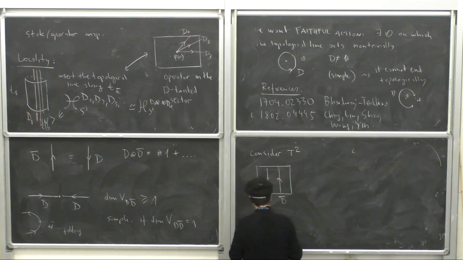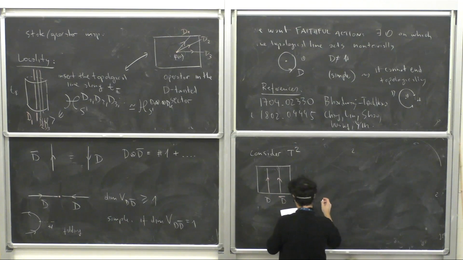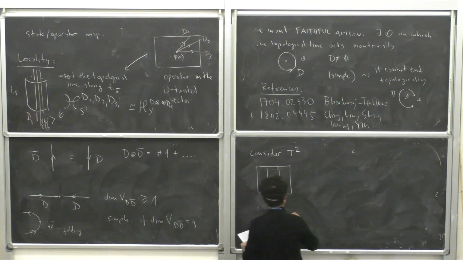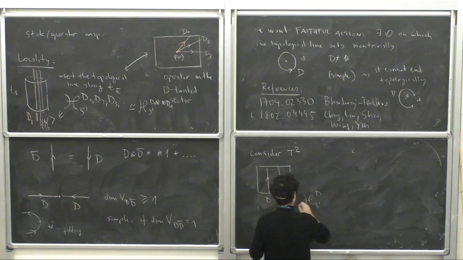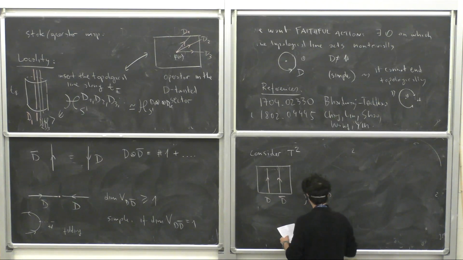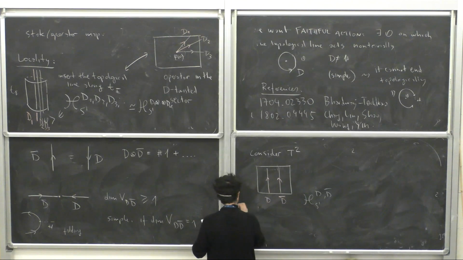But remember that we have this expression: whenever we put the theory on the torus, we are computing a trace for the operators here, with insertions of q to the L0 minus c over 24 and q bar to the L0 bar minus c over 24.